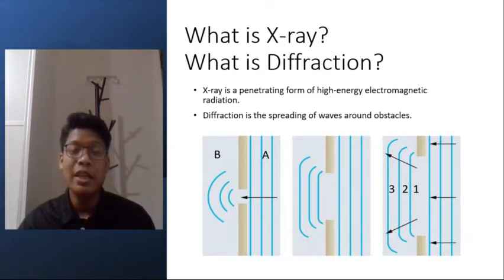So we can see in the image, wave move from A to B. So when the wave passes through the small opening, the first layer of wave is smaller than the second layer, and the third layer of the wave is bigger than the second layer. So it means that the wave is spreading after it passed through the small opening.